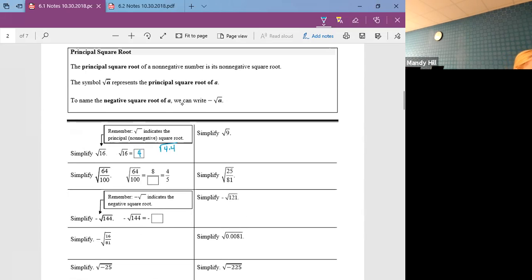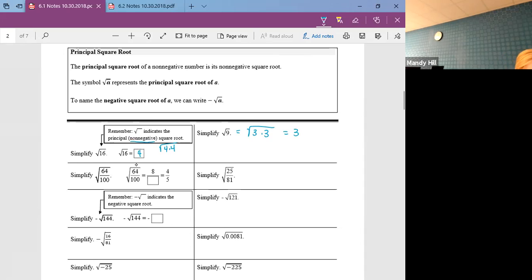If you want to look at the negative square root, you're going to purposely stick that negative in front of the square root. So we're just talking about our principal square root. They're saying don't do the negative one. They're focusing on that. So simplify the square root of 9, well, that's 3 times 3 is 9. So the answer would be 3.